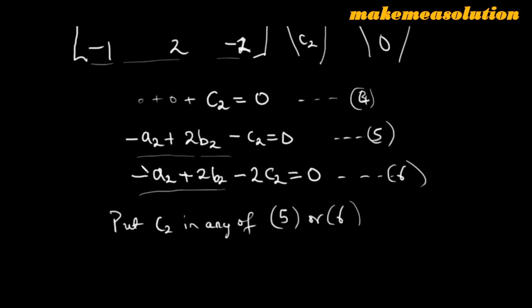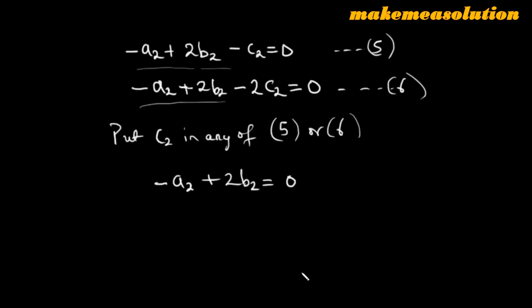These two and these two did not change in 5 or 6. So since the value of c2 is 0, whether I put it in equation 5 or equation 6, I'm going to get this equality: minus a2 plus 2b2 is equal to 0. Is that okay? So what does that imply? That your a2 is equal to 2b2. Is that okay when you do the maths?